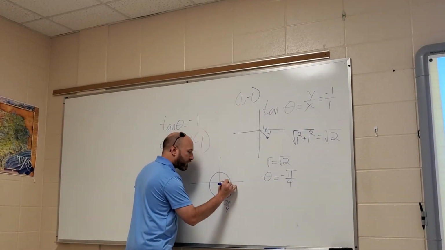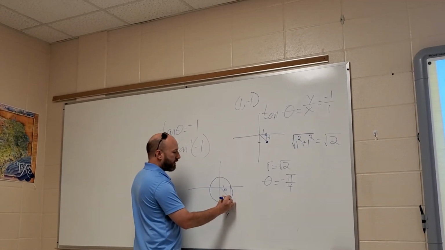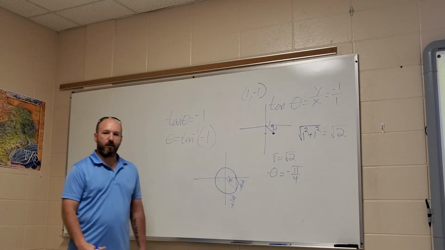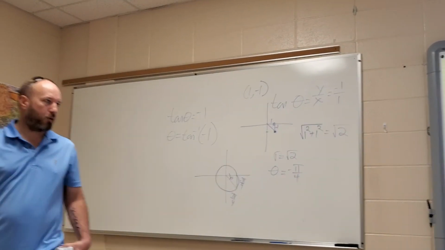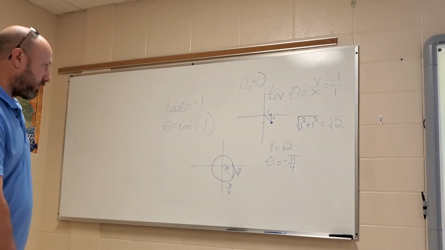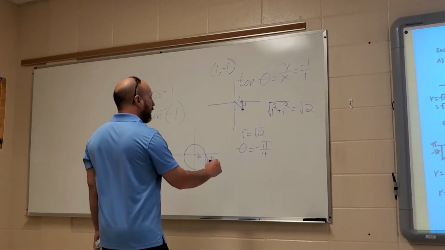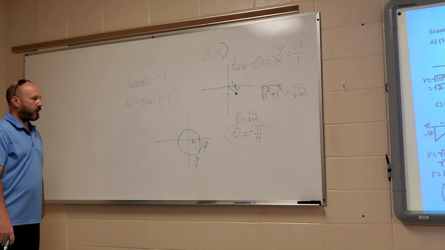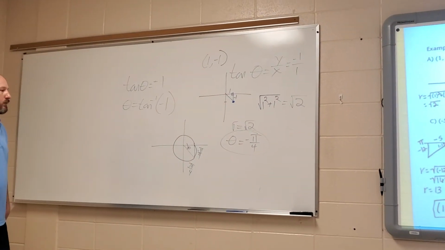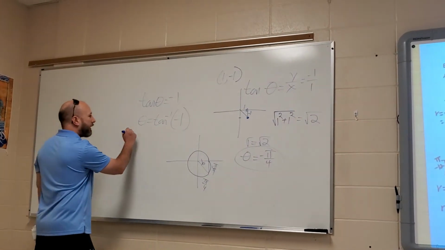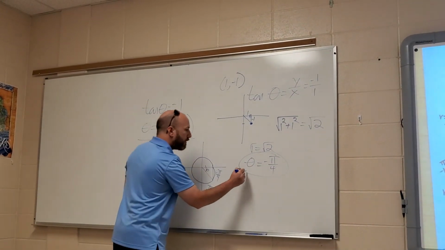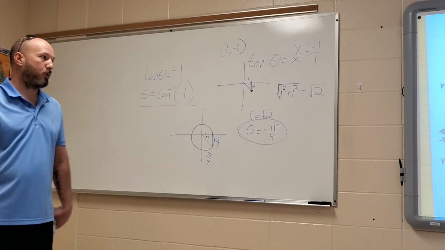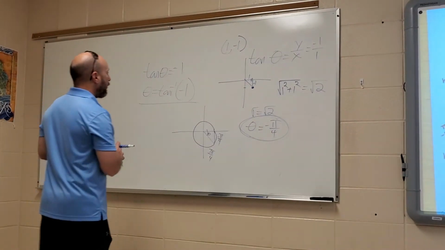But if you just go from here to here, you've traveled negative pi over 4. Remember, they're the same angle. It doesn't matter which one you put. Both work. I just like this one because it's easier for me to see it. But you do whatever works for you. If you put this in the calculator, it's going to give you that one. So you better make sure you know which one you're using.